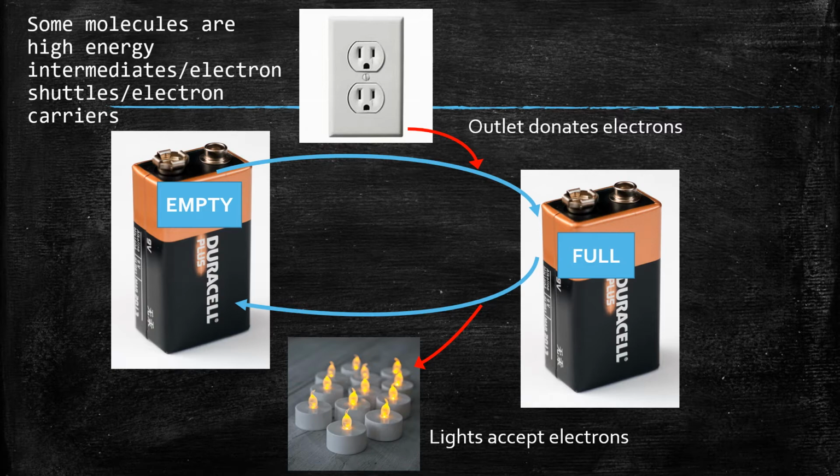And then the battery itself can then donate electrons to an electron acceptor, in this case our battery operated lights. And as those electrons are pulled from the full battery, then we have an empty battery. And there are molecules that act similar to this within a cell, and certainly within our cellular respiration process.